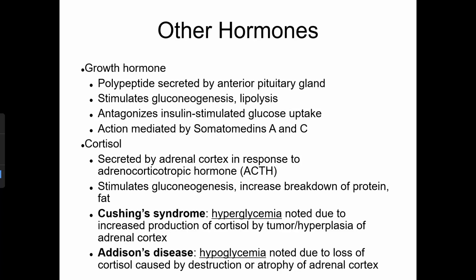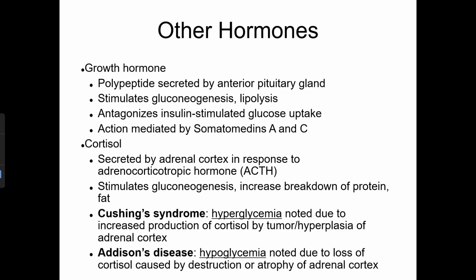In Cushing's syndrome, hyperglycemia is noted due to increased production of cortisol by tumor or hyperplasia of the adrenal cortex. So hyperglycemia means high blood glucose levels, and that's because you have a lot of cortisol being produced, either by a tumor or by overgrowth, so hyperplasia of the adrenal cortex.